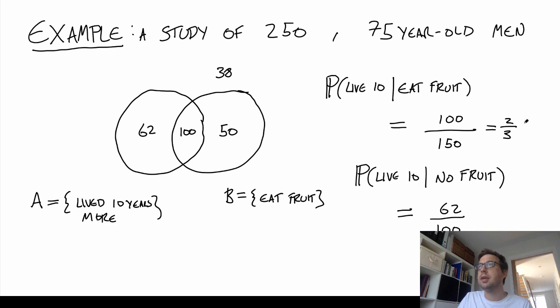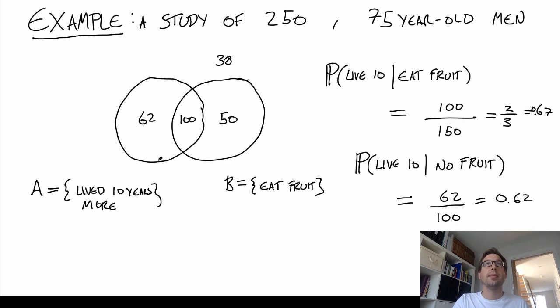So here we've got about 0.67 roughly, and here we've got 0.62. The numbers here aren't actually the data from this experiment, but there was a study that looked into this, so you can look at the various factors, conditional on your different lifestyle, and then come up with an estimate for the conditional probability that you live for a further period of time.